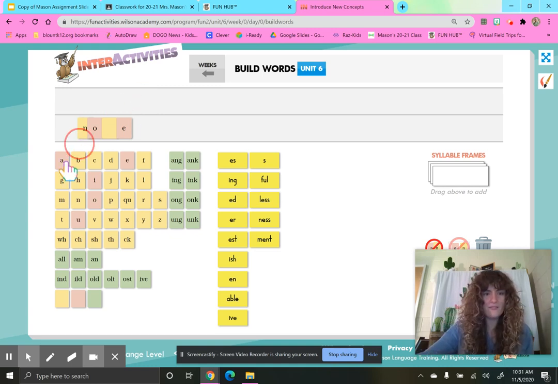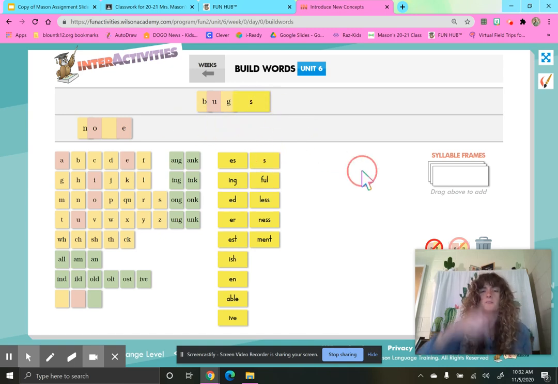But what if I have this word? If I have more than one bug, it would be bug, bugs. When we have that suffix S, what can that S sometimes sound like?